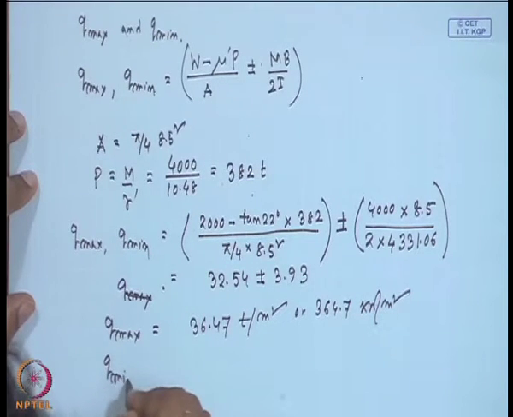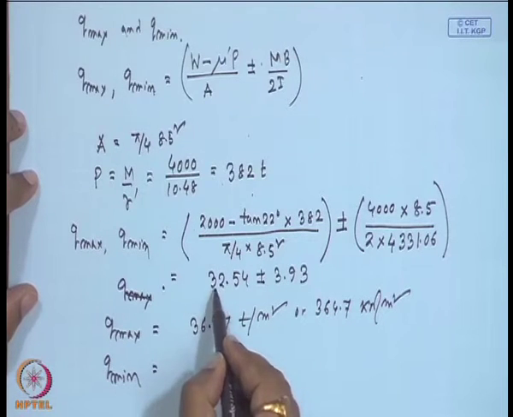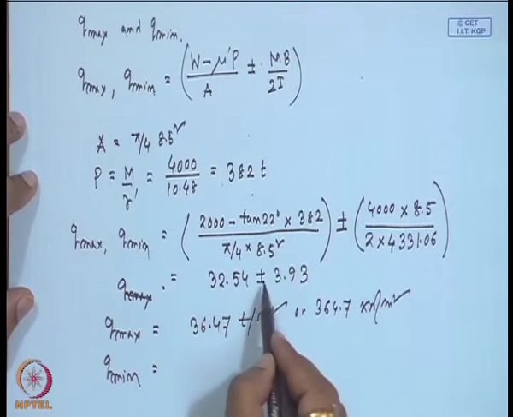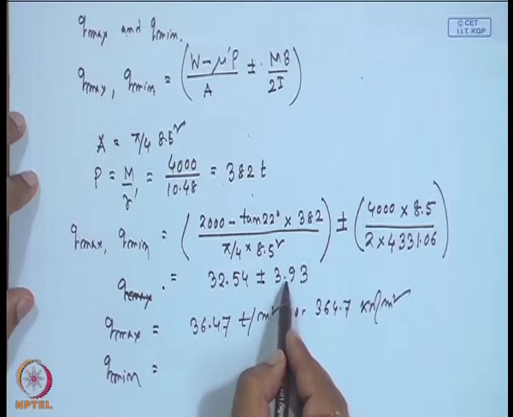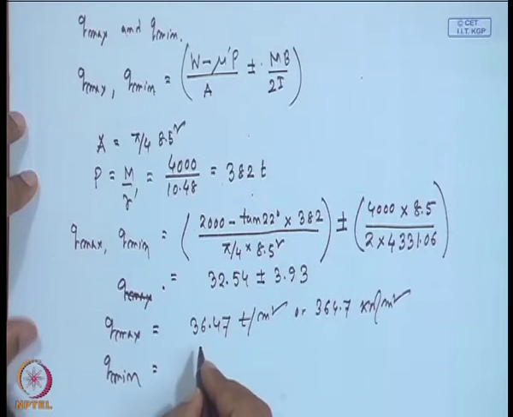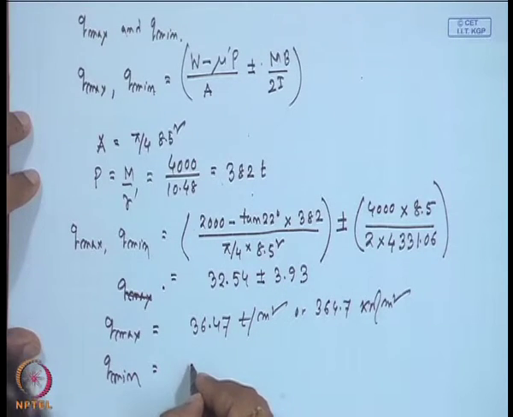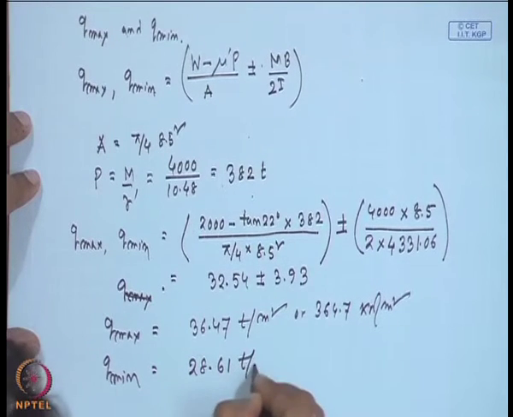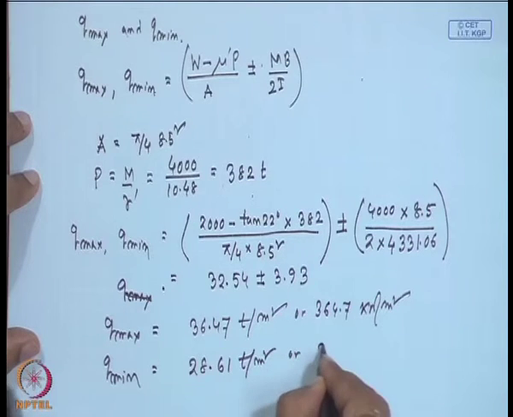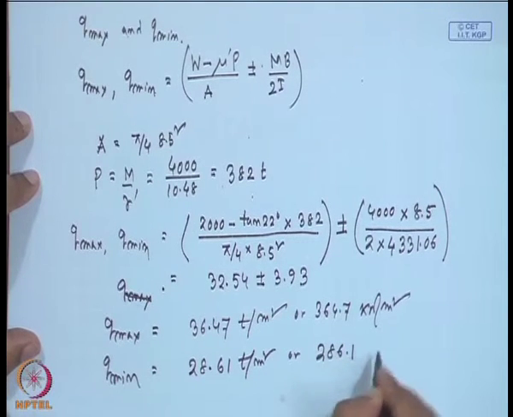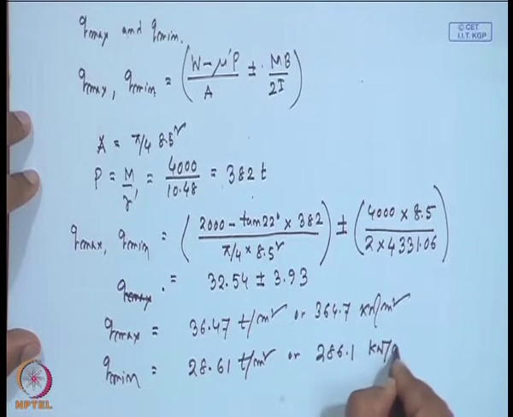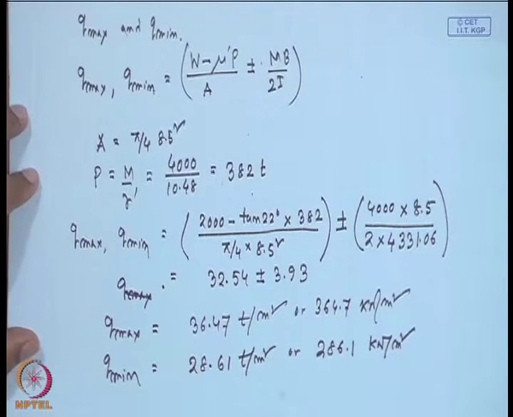Q minimum will be 32.54 minus 3.93, which is 28.61 ton per meter square, or 286.1 kilonewton per meter square.